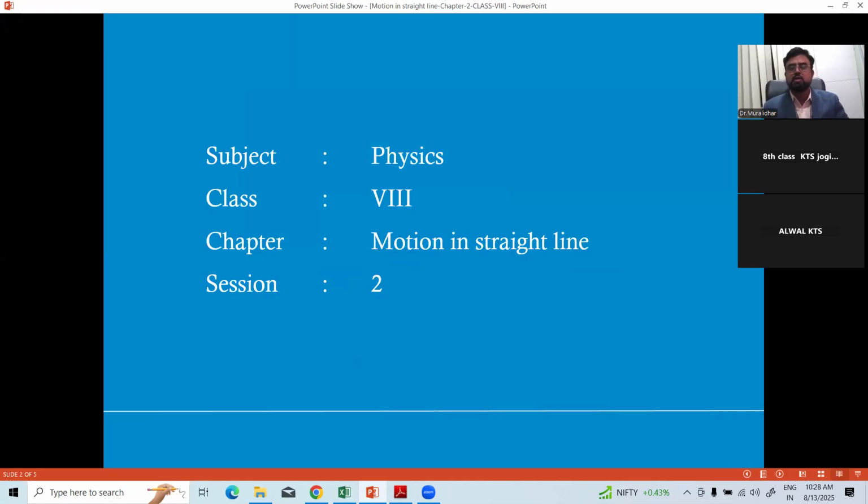When a body is in motion, it will have distance, displacement, speed, velocity, acceleration, retardation. We discussed distance and displacement clearly, and we introduced speed also. In the next class, we'll discuss the types of speeds, what velocity is, the various types of velocities, and what acceleration is, with types of accelerations in detail.